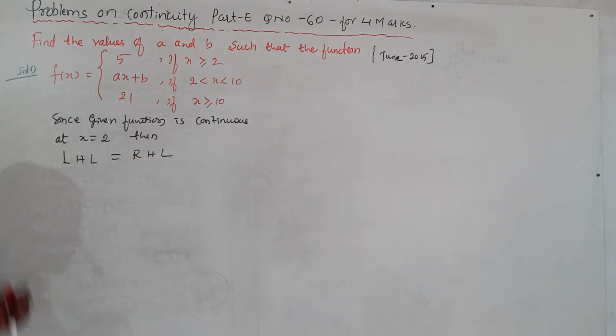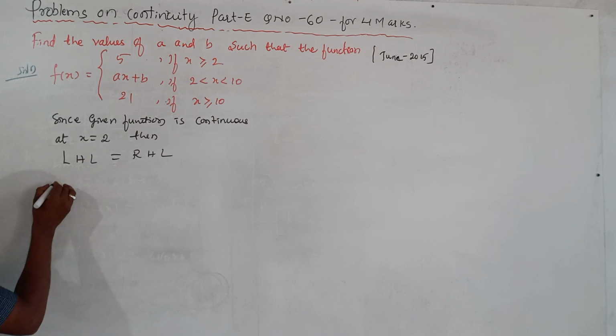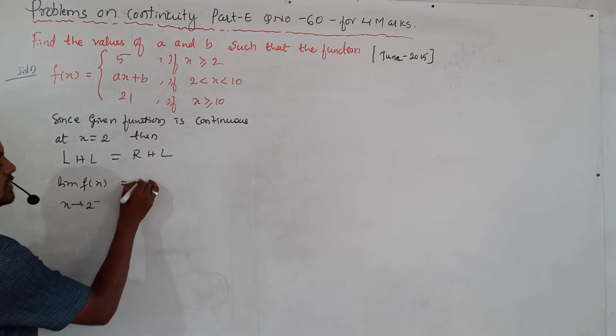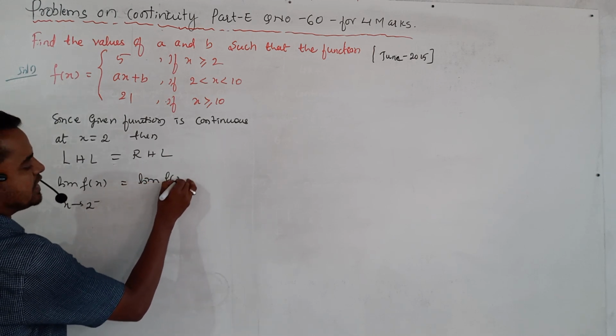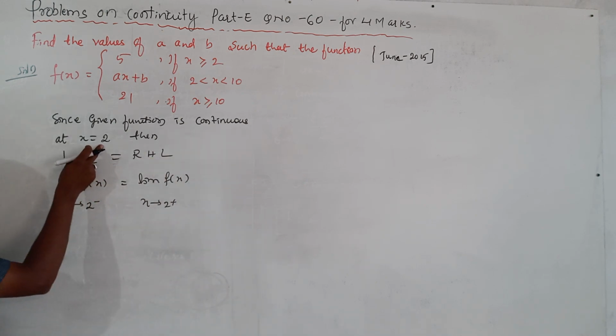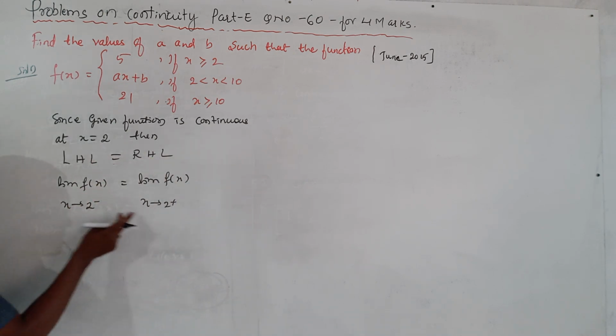LHL means limit of f of x as x tends to 2 minus, RHL is limit of f of x as x tends to 2 plus. Here, continuous at x is equal to 2 means we have to take 2 minus and 2 plus.